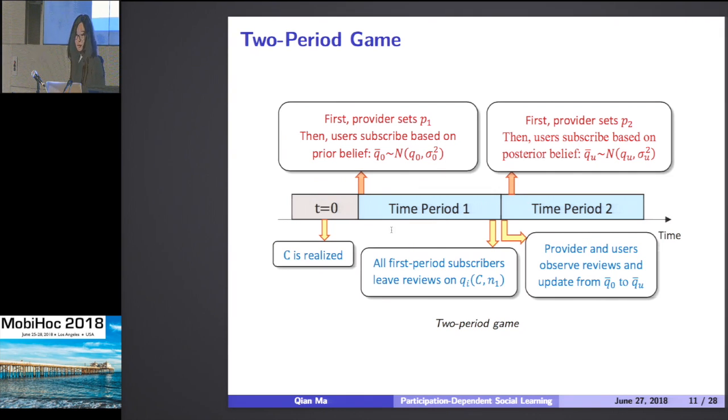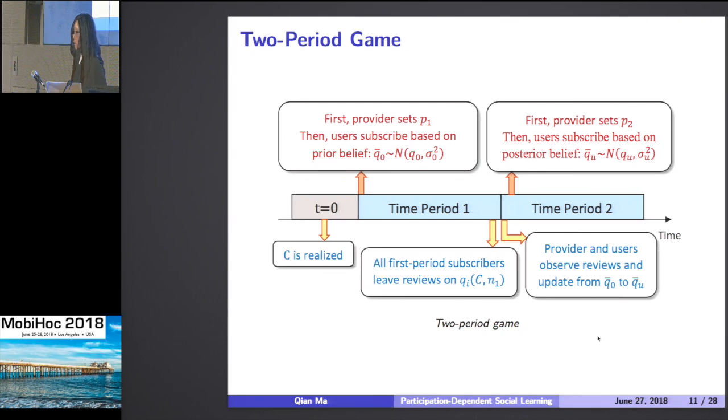At the end of the first period, all first period subscribers will leave reviews on their experienced QoS. In the second period, the provider and users will first observe reviews left by the first period subscribers, and they will update their belief of the QoS from the prior belief Q bar 0 to an updated belief Q bar U. This updating process is exactly the social learning process.